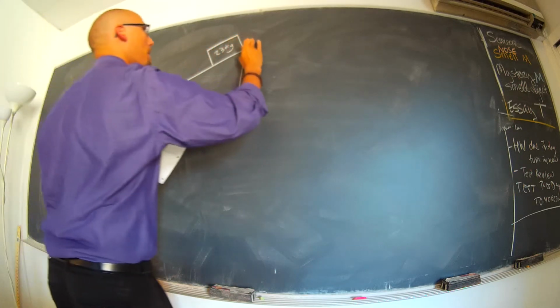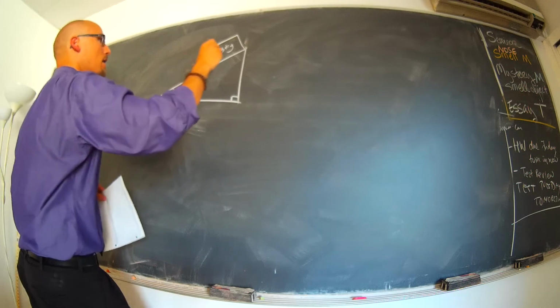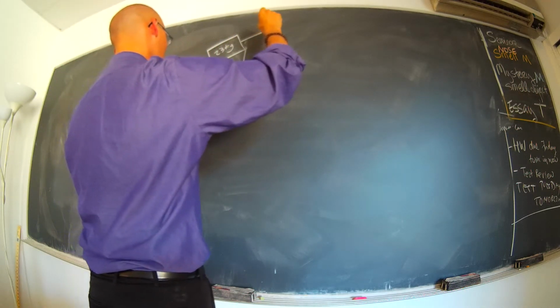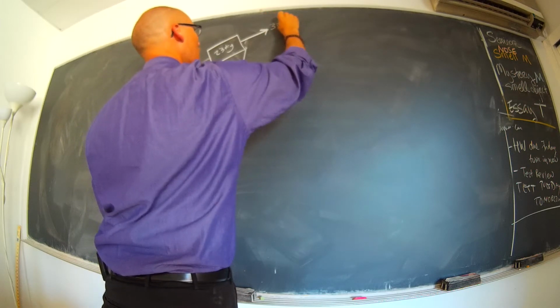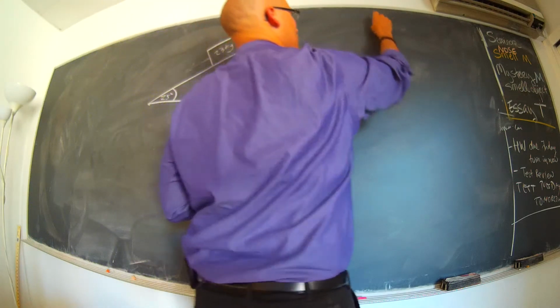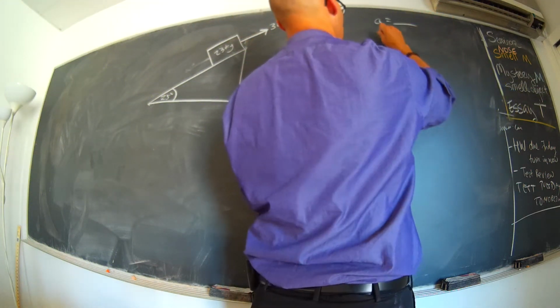Does that mean it stops it? Yeah. So we're going to say motion is this way, but friction is going to be opposing it by 30 newtons. What will be the acceleration of the box as it goes down the hill? What is the coefficient of friction?